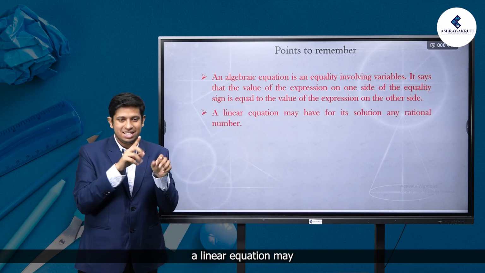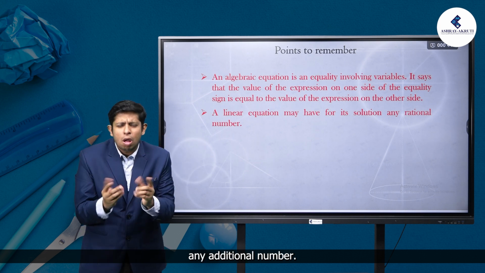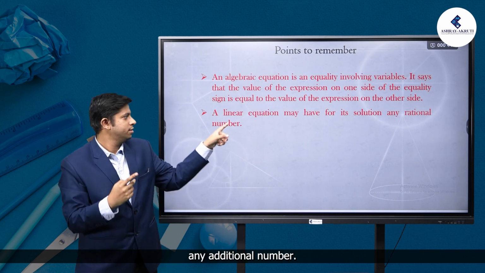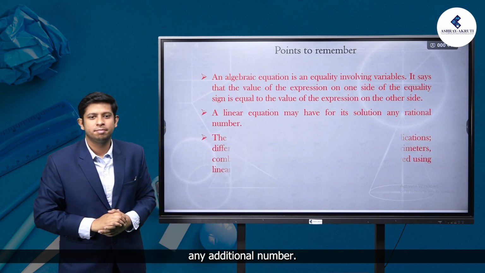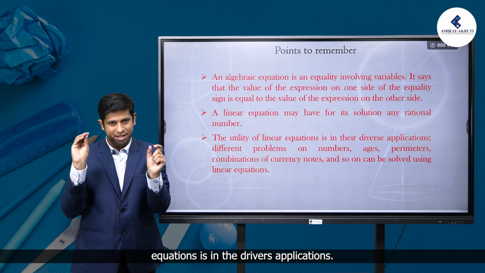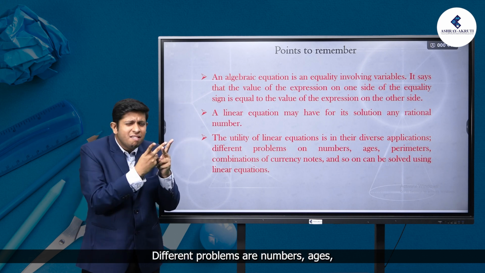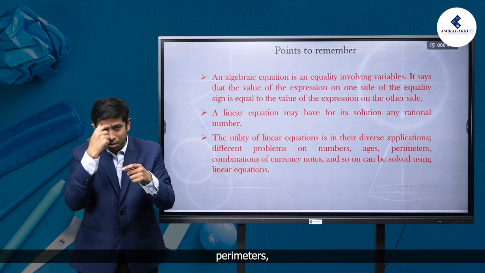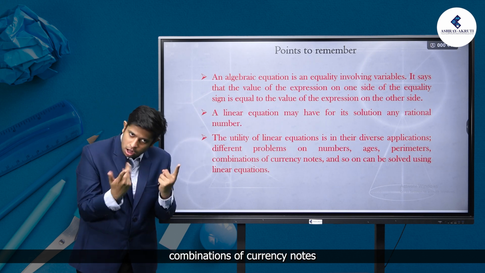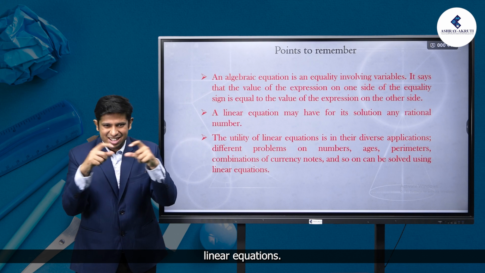A linear equation may have for its solution any rational number. The utility of linear equations is in the diverse applications. Different problems on numbers, ages, perimeters, combinations of currency notes, and so on can be solved using linear equations.